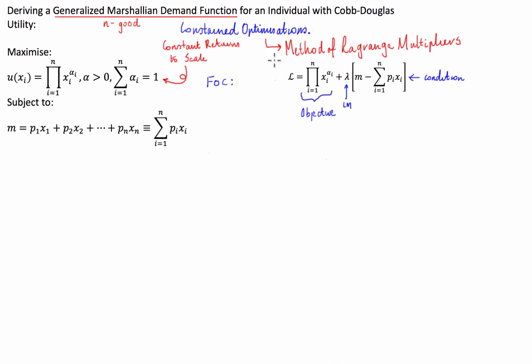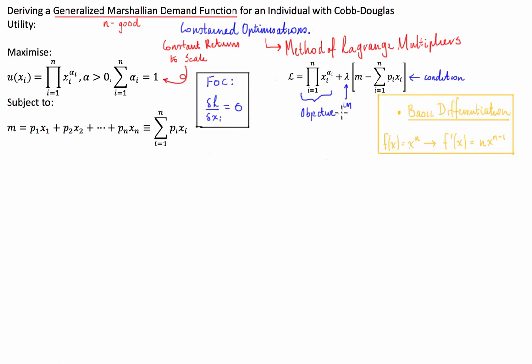Like any optimization problem that we use differentiation for, the partial derivative of the Lagrangian function, we'll call it delta L, with respect to each of the goods that we're going to purchase has to be equal to 0. That is a big deal in this problem. This is what we are going to use to find our optimal consumption bundles.